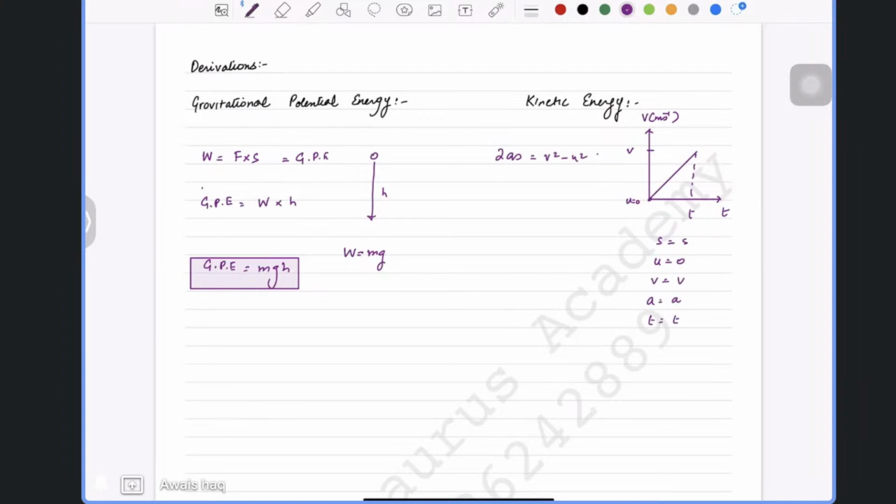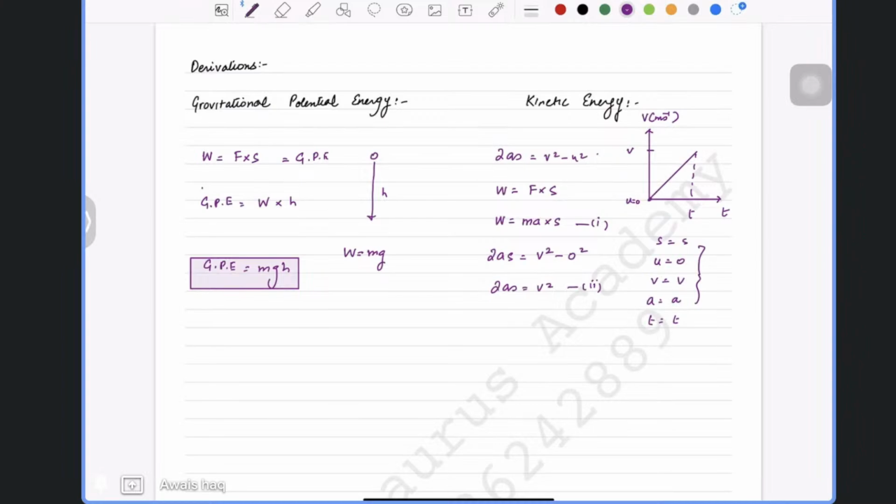Work is force times displacement, so I'm going to write force as mass times acceleration, times displacement. Call this my first equation. According to this, 2as equals v square minus 0 square, so 2as equals v square, and that's my second equation.